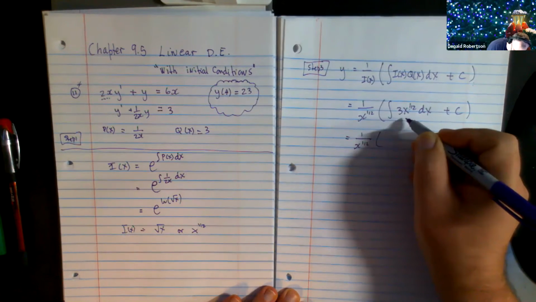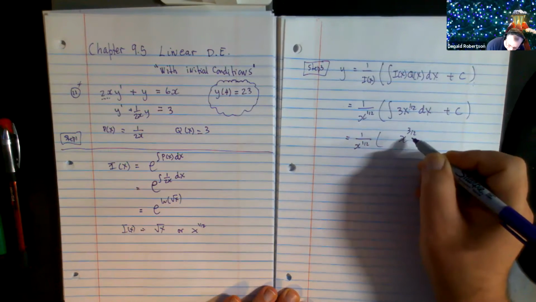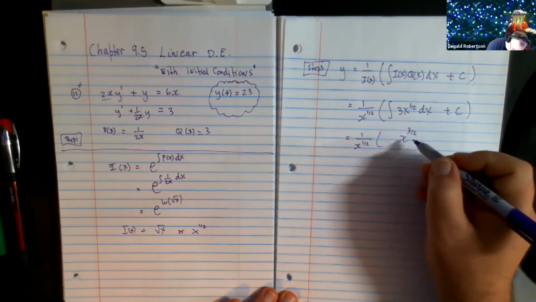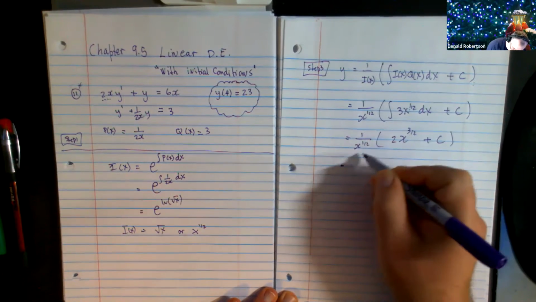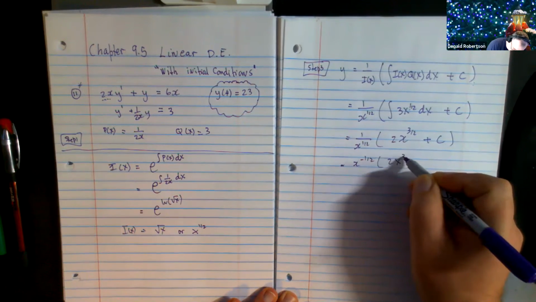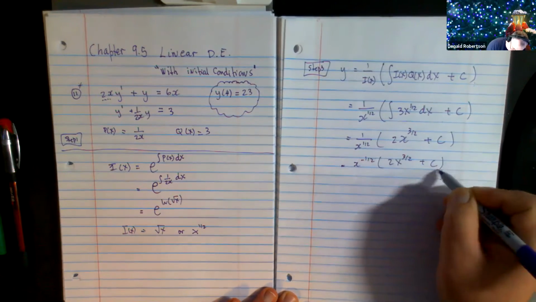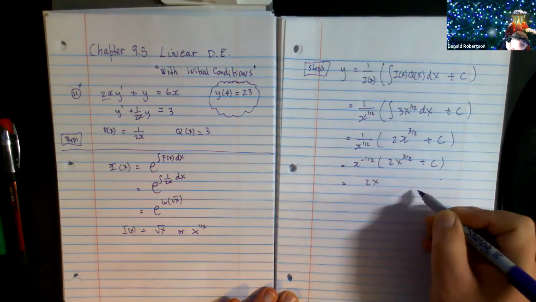Okay, add 1 to the power. Divide by the new power, like multiplying by 2/3, so you'll get a 2. I'd probably call this x to the negative a half. Then distribute it, and you get 2x, which is quite nice.